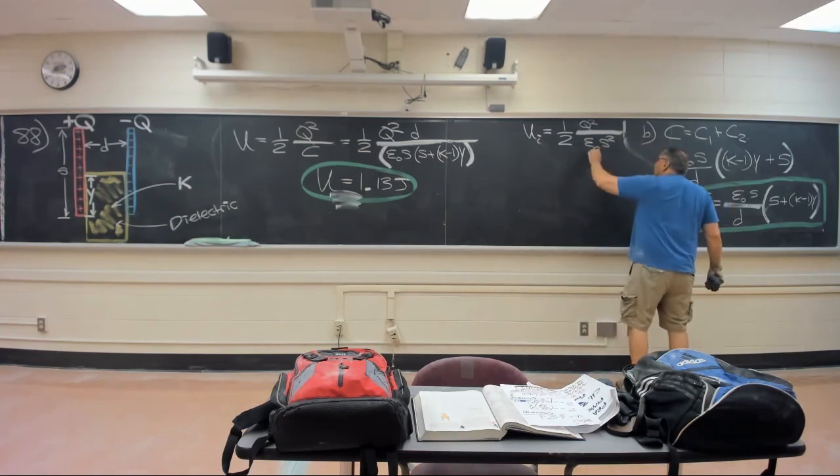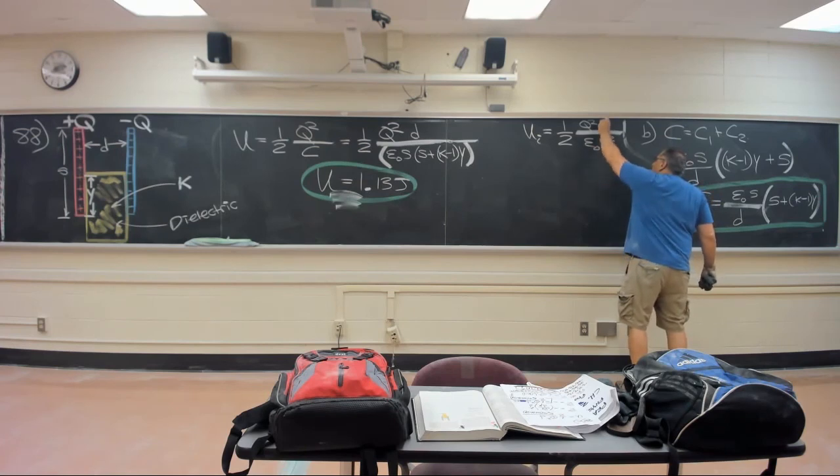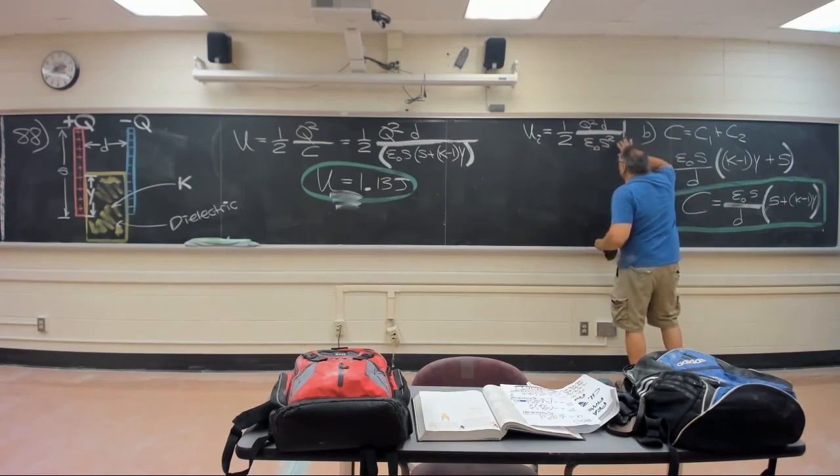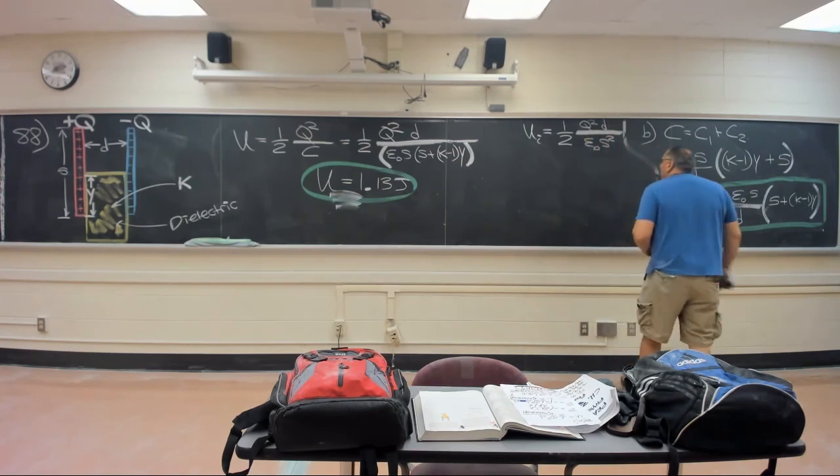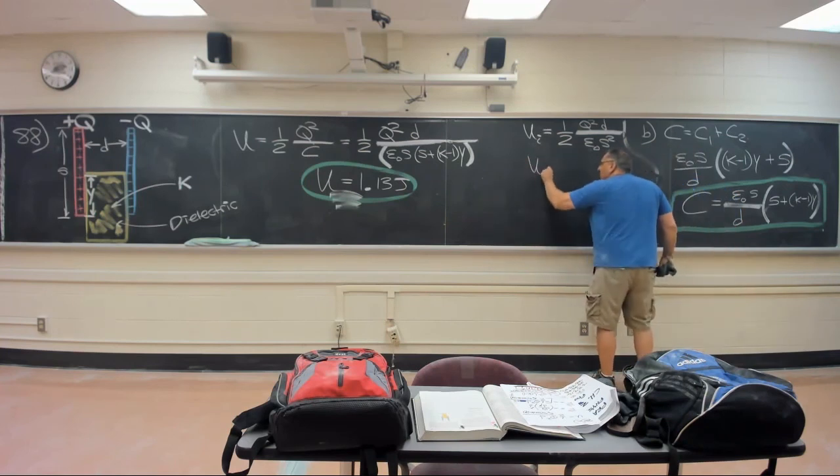The capacitance is epsilon naught S squared over D. So Q squared divided by the capacitance. When you're dividing by the capacitance, bam, that epsilon naught S squared over D flips and you get all this. Just for the record, what's going on here?